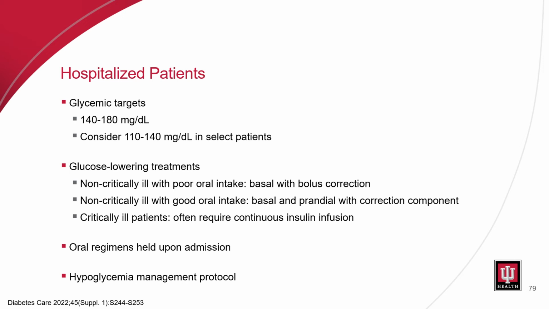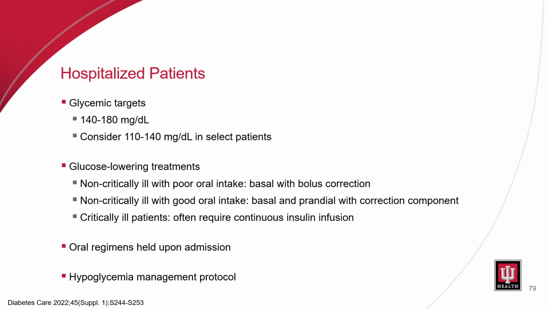So this may be a sliding scale or potentially a certain ICF for this specific patient. Non-critically ill patients with good oral intake can be started on a basal regimen with scheduled prandial with a correction component. So that scheduled prandial may look like a certain number of units scheduled each day with meals, or it may look like a carb ratio as we talked about earlier.